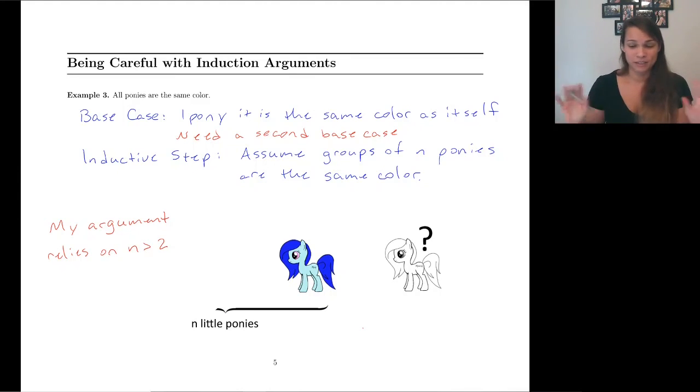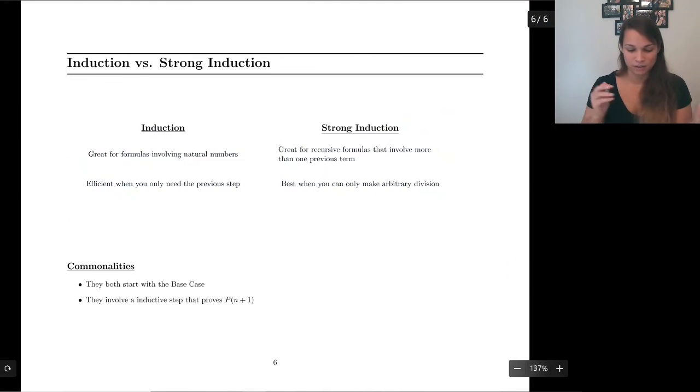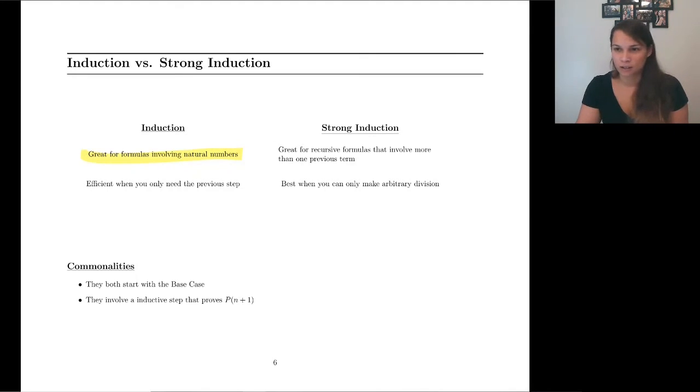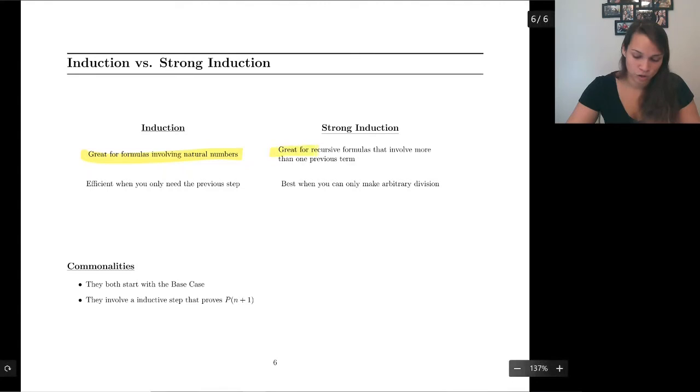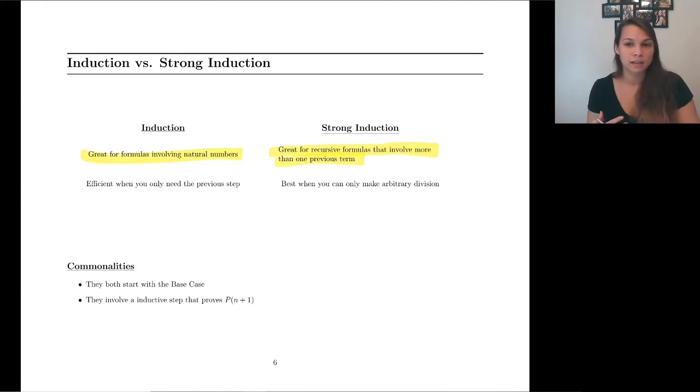Okay. So, just as a recap between induction and strong induction, induction is really great for formulas that involve natural numbers. As soon as you start talking about real numbers, don't even try. It's not an induction problem. Strong induction is super good when you need a recursive formula that's going to require more than one previous step instead of just the previous step. Like the sequence problem that we just did.